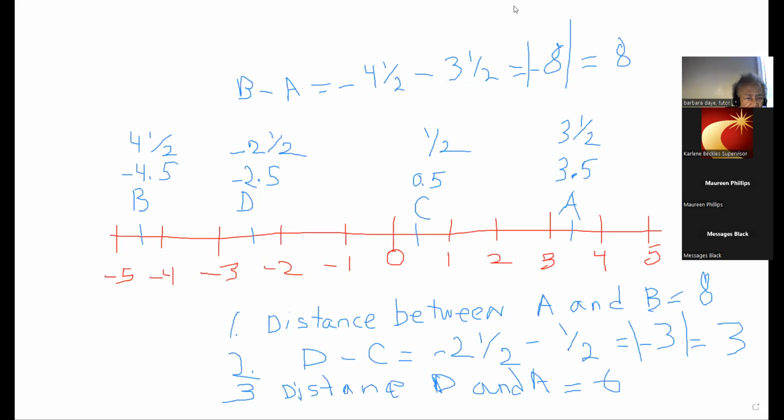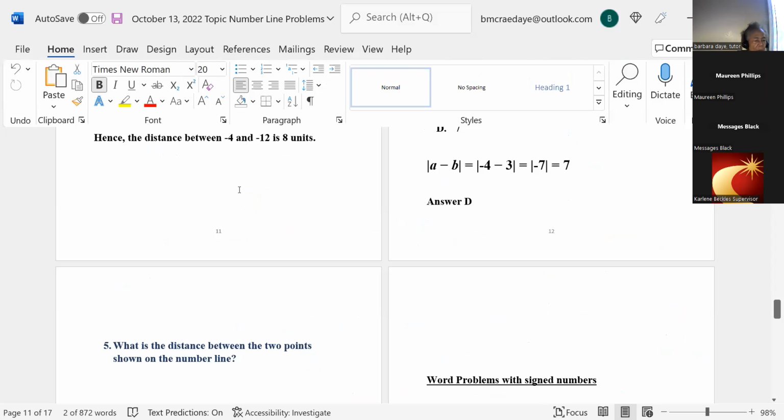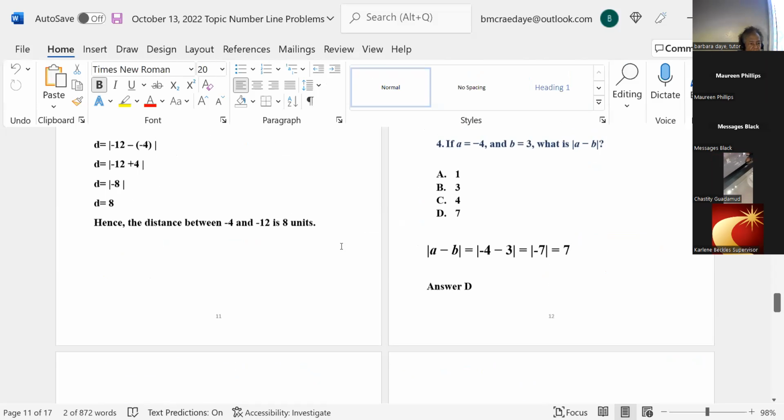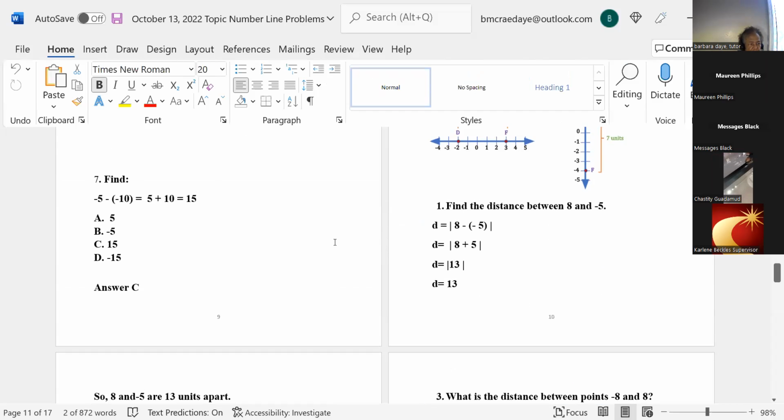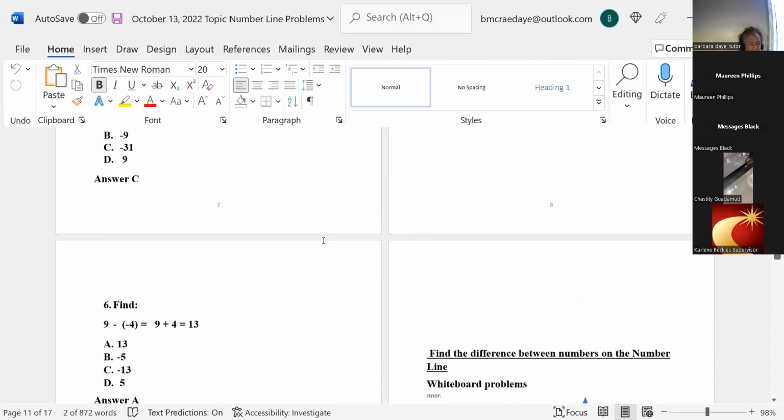Okay, let me save this. Let me go back to new share. Now, before we look at word problems, since you came on late, did you try the homework?